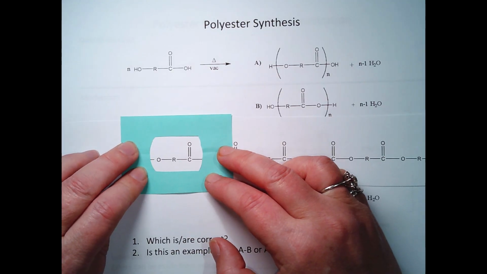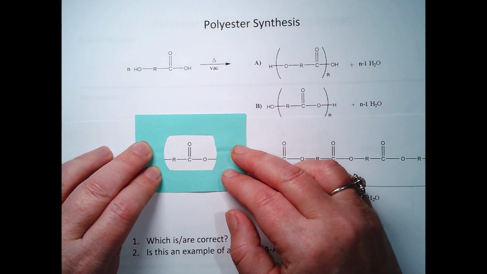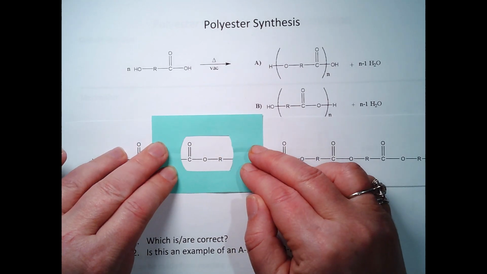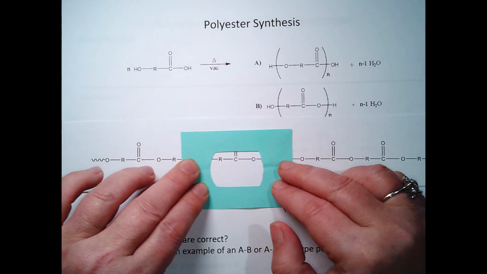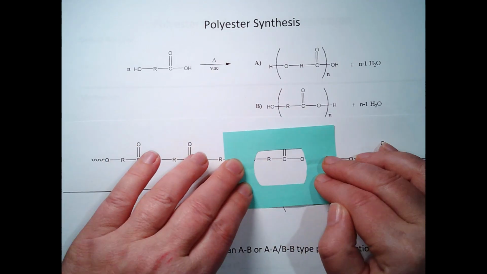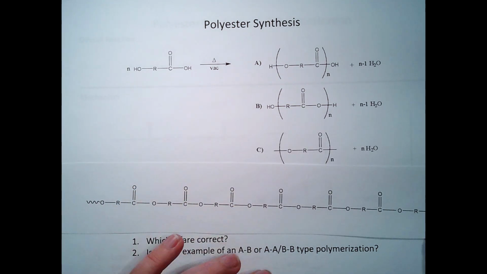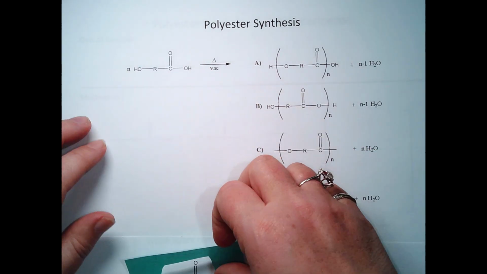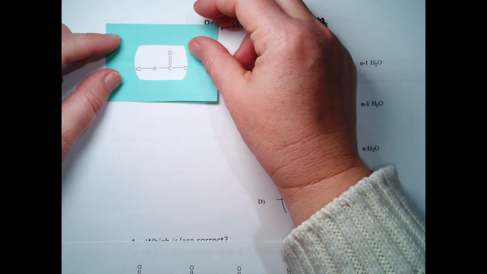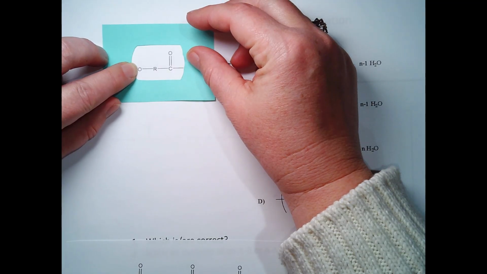So it doesn't matter if we start with the oxygen or with the R group or with the carbonyl, because we can just go carbonyl, oxygen, R, carbonyl, oxygen, R. We get the same thing. They're all equivalent.